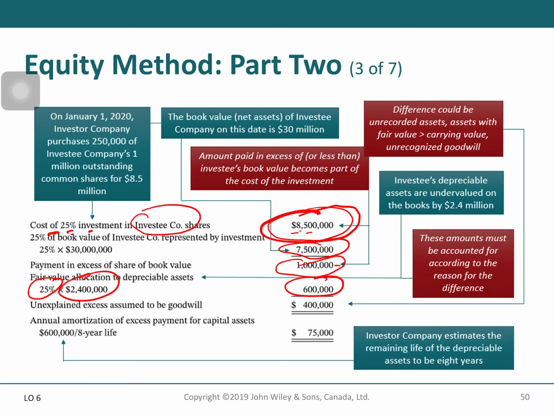So this number minus this number, you get 400,000. 400,000 is assumed to be goodwill. Okay, and then this one is for an 8-year life, so 75,000 is for a year. This is the amortization of depreciable assets.